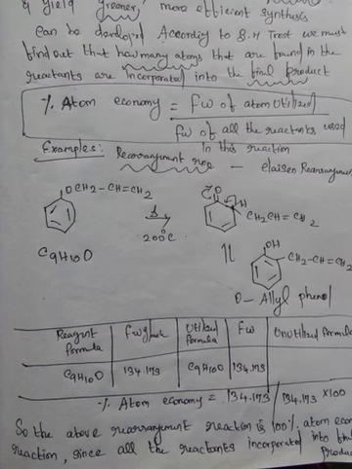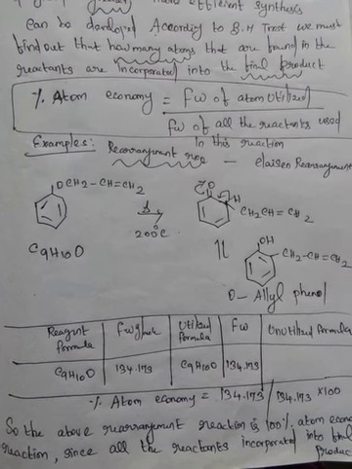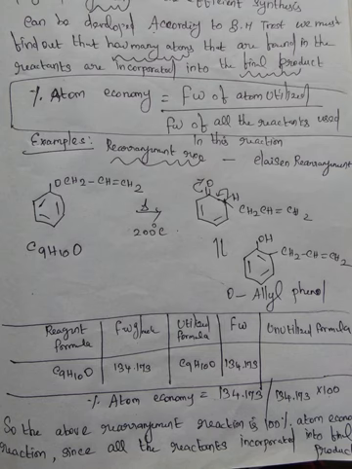Claisen rearrangement reaction. Here, allyl phenyl ether on heating at 200 degrees centigrade gives ortho-allyl phenol. Just notice the table. Here the reagent, allyl phenyl ether, has formula C9H10O and formula weight 134.173 grams per mole. The utilized formula, that is the product, ortho-allyl phenol, has formula C9H10O and the product weight is also 134.173.